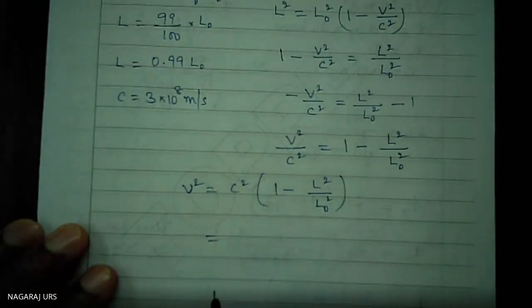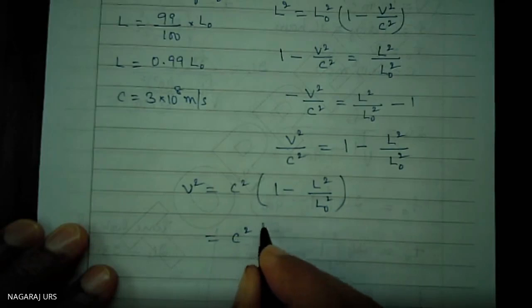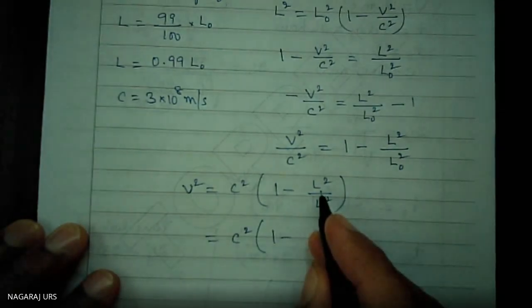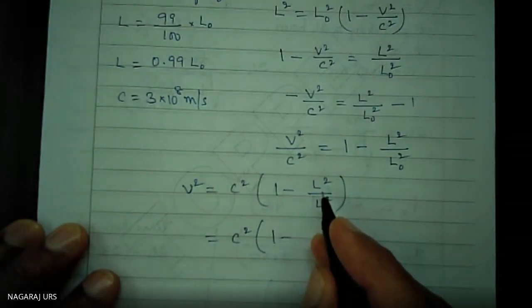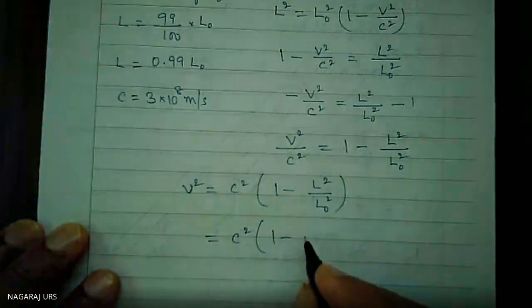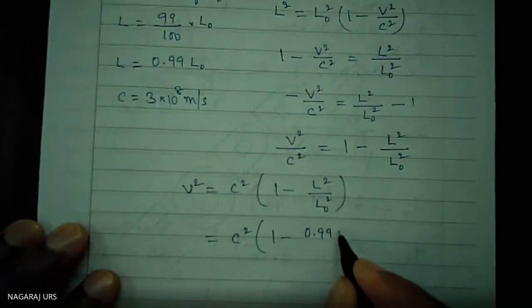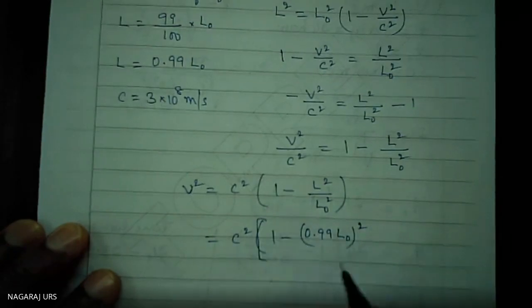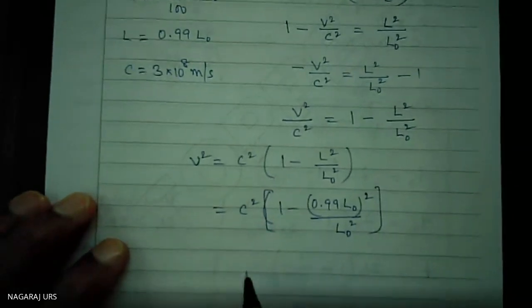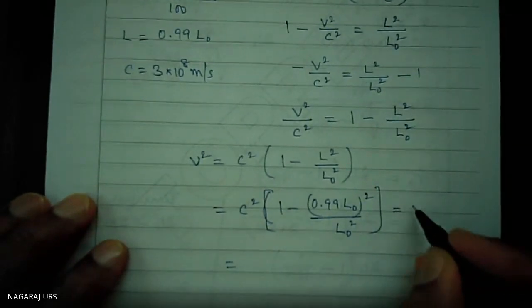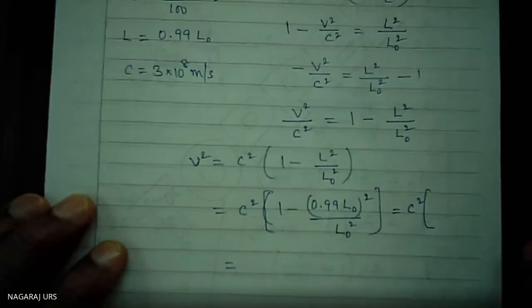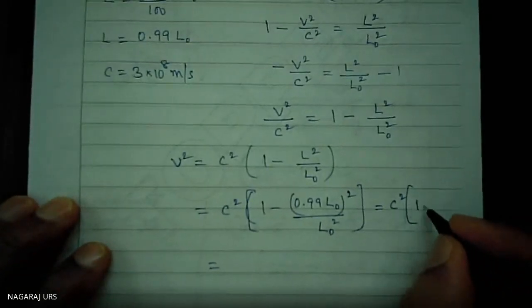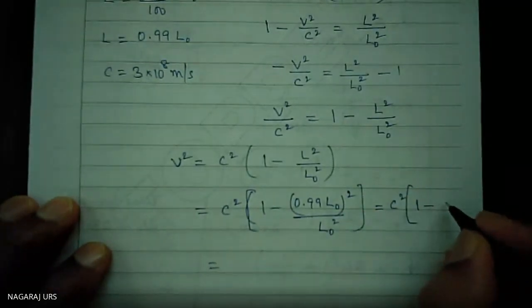That is equal to C square into 1 minus, with L equal to 0.99 L naught, squared, divided by L naught square. The L naught square gets cancelled, so we have C square into 1 minus 0.99 square.